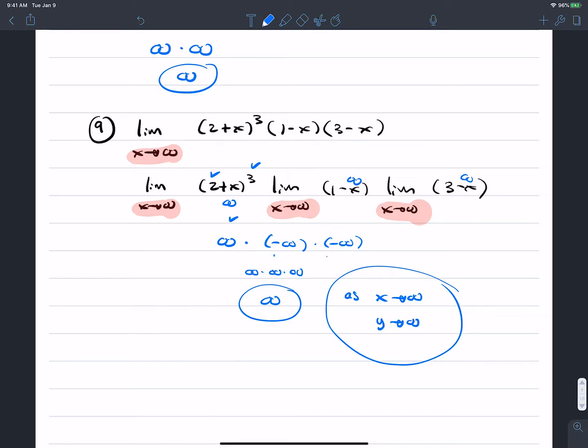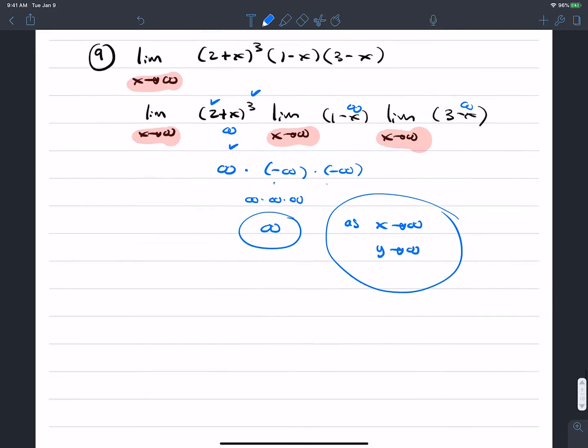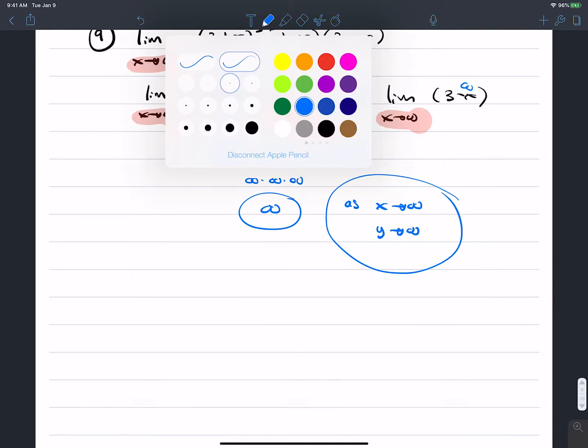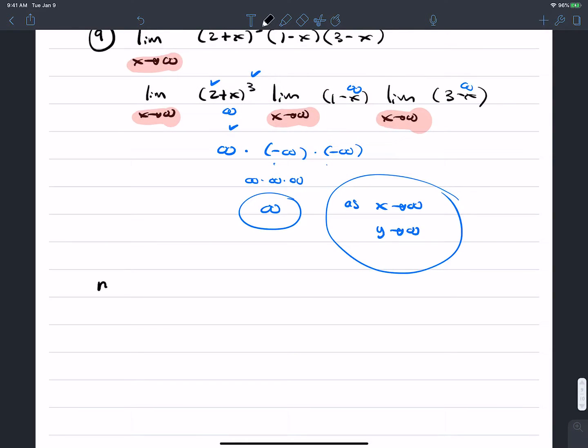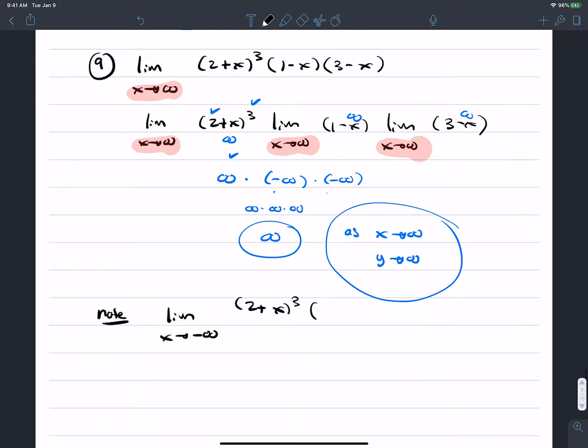Since all of this is really about finding this end behavior, if we note the following here, and we look at the limit as x goes to minus infinity, 2 plus x cubed times 1 minus x, and 3 minus x. All right, you guys okay with that?